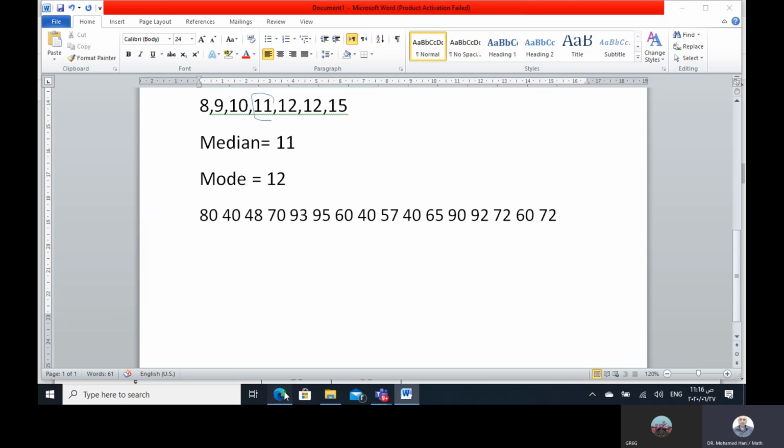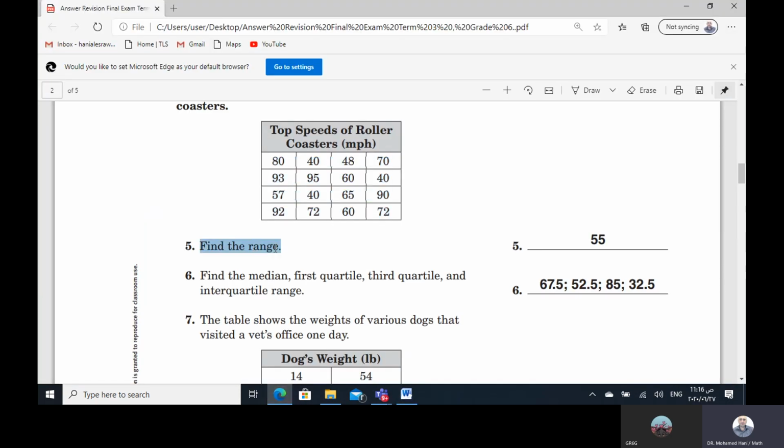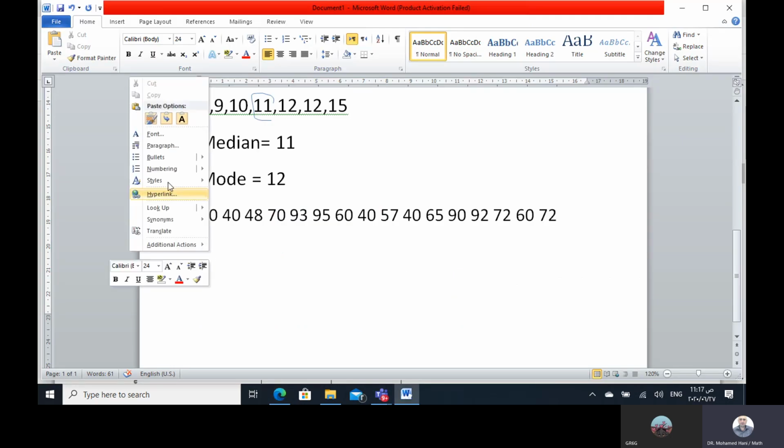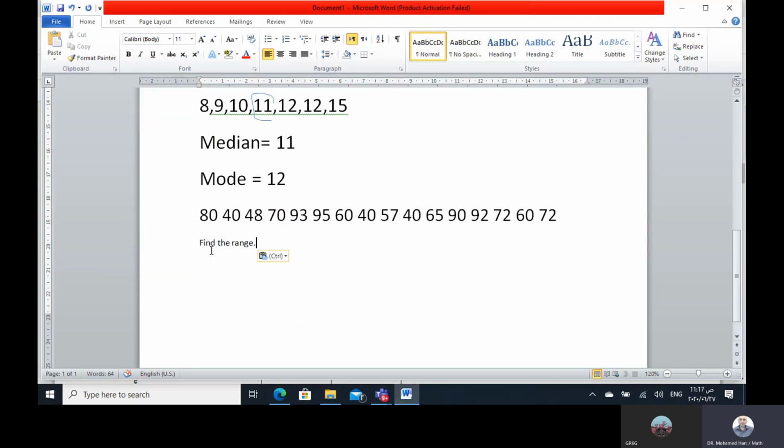And we want to find the range. As you know, the range is the first measure of variation.